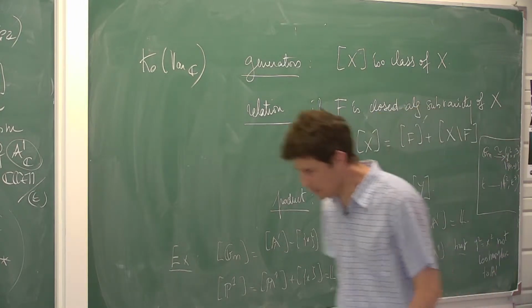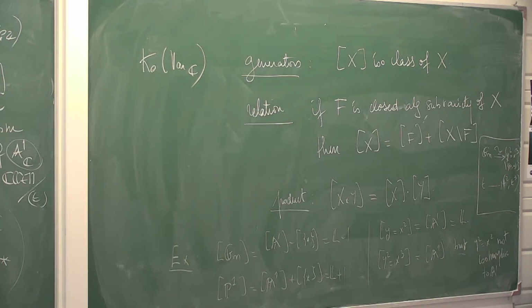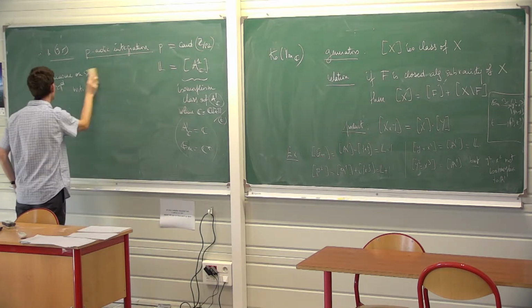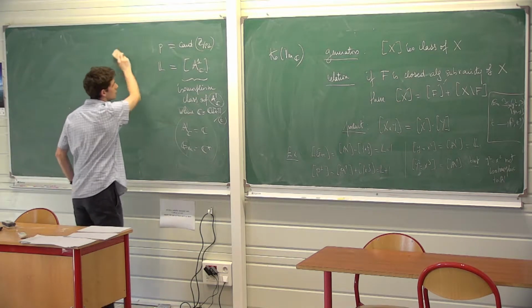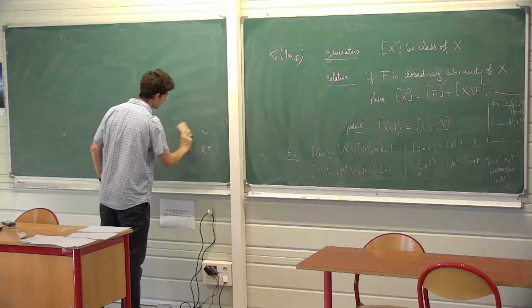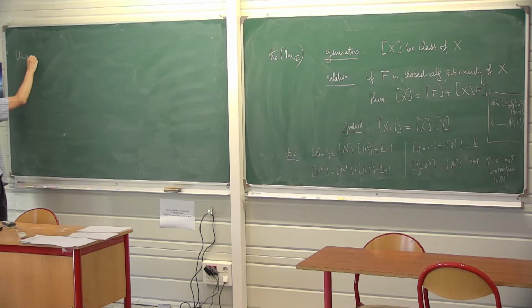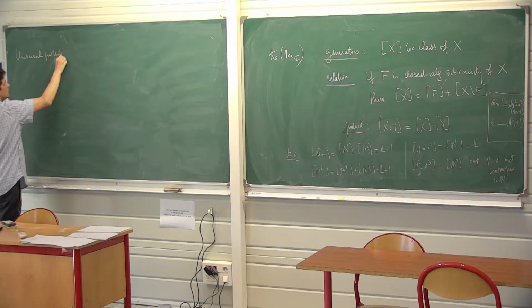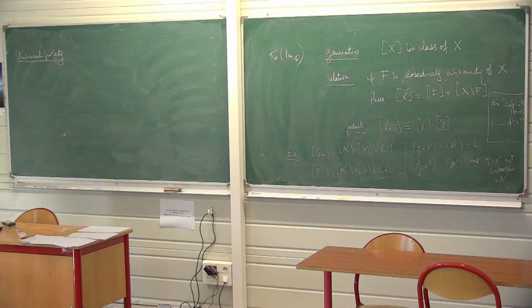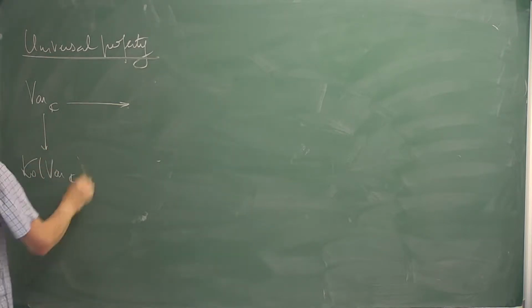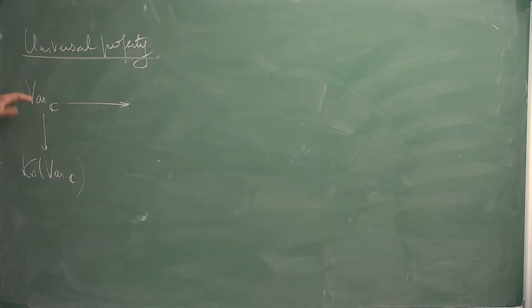So you have that. And the other thing which is very important for that ring is that you have a universal property. So from the category of algebraic varieties, you have a canonical map to the Grothendieck ring of varieties.